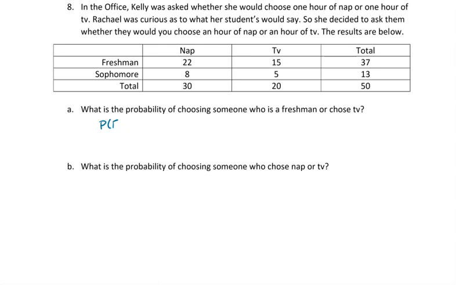So probability that they are a freshman or chose TV is going to be the probability that they're a freshman plus the probability that they chose TV minus any overlap. So probability that they are a freshman, that is going to be 37 out of 50.